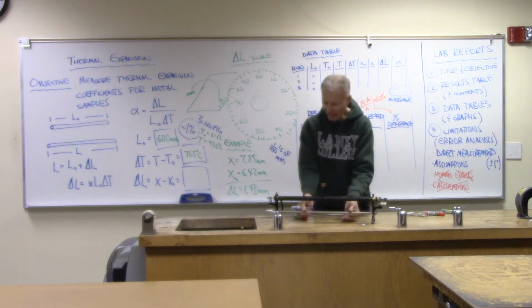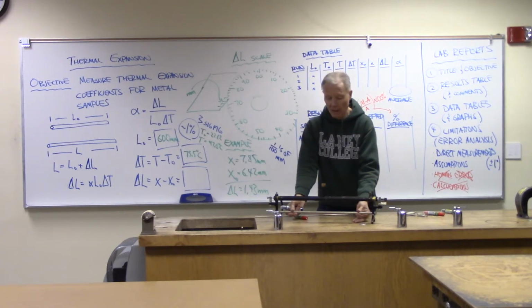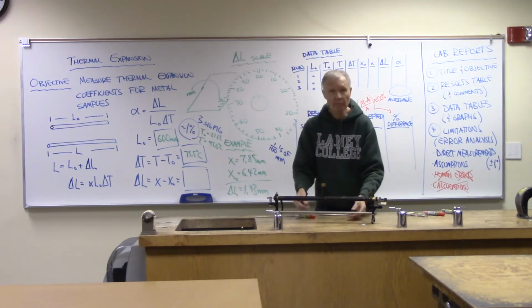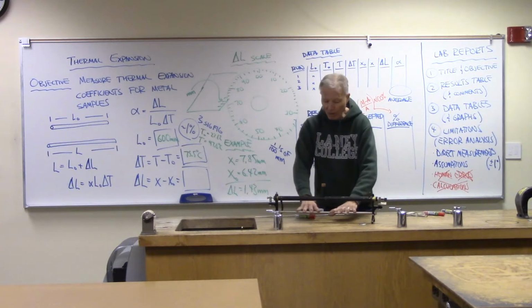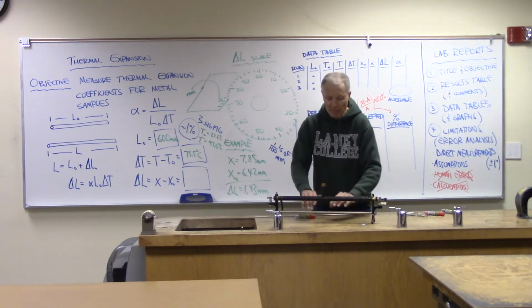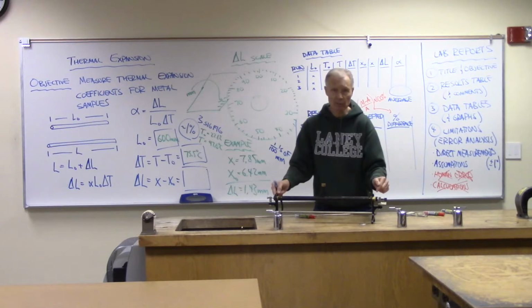Now there's a bar down here which is holding the two ends together. And we're assuming in the lab this is far enough away from the steam jacket that it remains at a constant temperature. We don't want this expanding. If this support structure expands, that's going to create problems for us. So we're expecting that this does not expand. Now the steam jacket itself is going to expand a little bit, and the metal inside will expand.